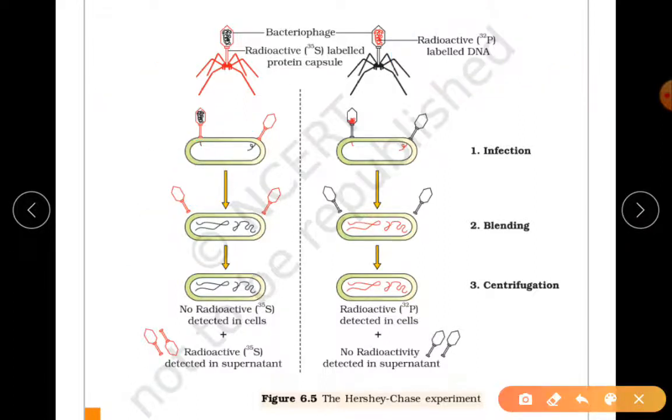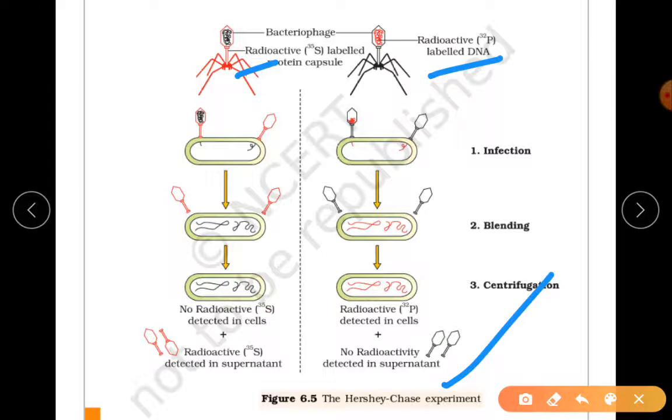Sulfur is present in protein, remember the disulfide linkages, so there it gets replaced with S35. We are using radioactive labels, which means we can identify where the DNA or the protein is moving. That's how Hershey and Chase did the study, which was very acceptable and easily proven, and biologists accepted it.